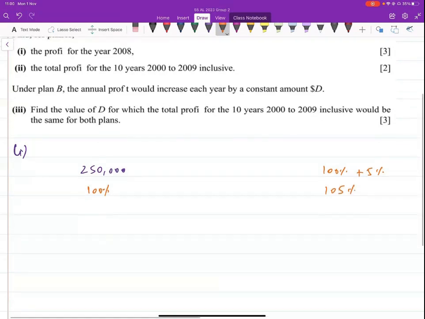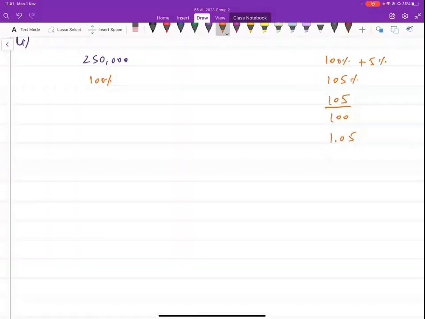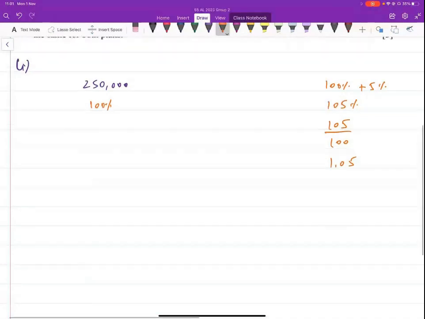Now if you convert this percentage to decimals, or you can say it's 105 over 100 if you write the percent as a fraction, that's equivalent to 1.05. So essentially, if you want to increase something by 5%, it's the same thing as saying we want to multiply that number by 1.05.